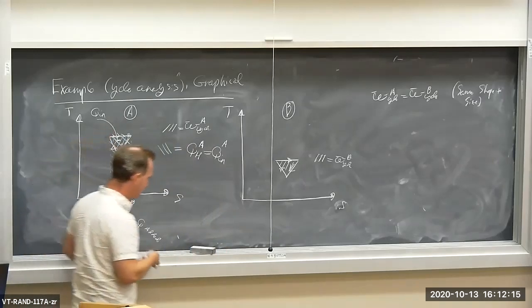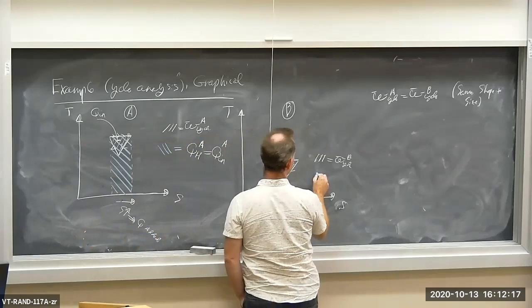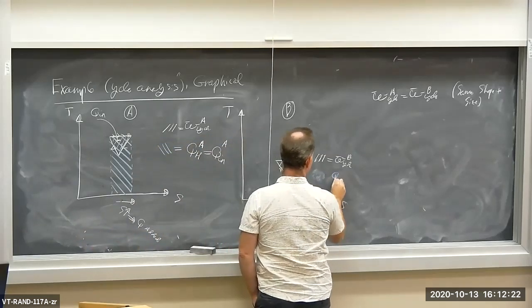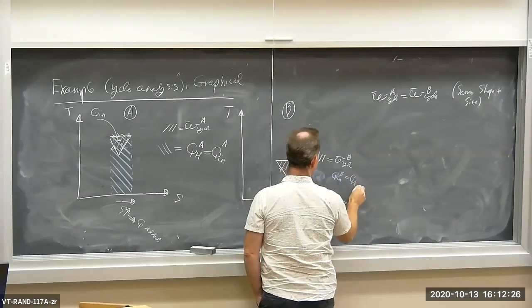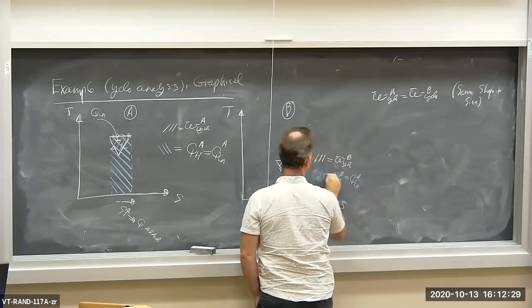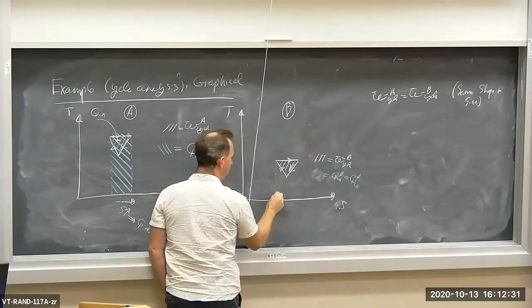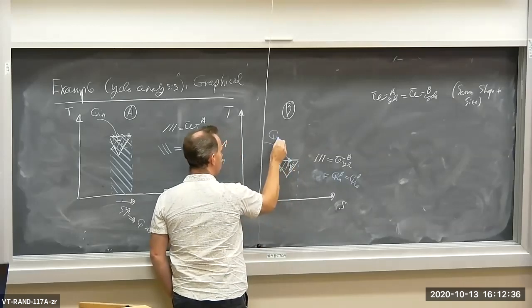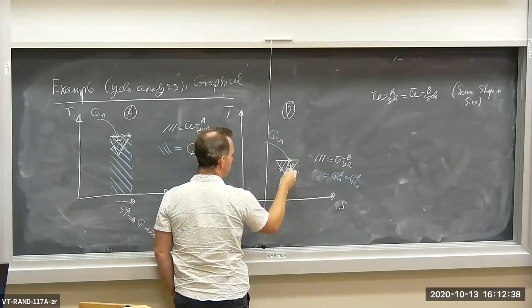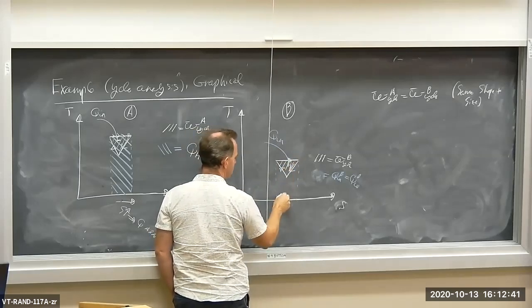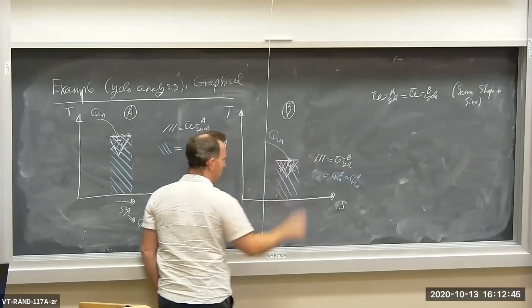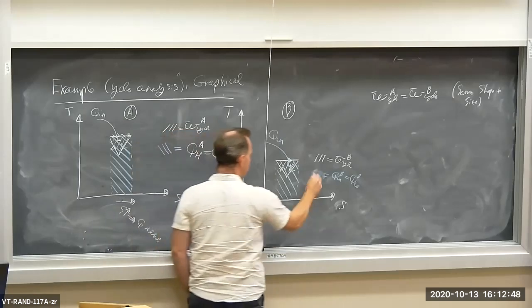How about this one? The heat addition, Q in B, if you like, that's Q high B. That's represented by this area. So the heat is being added on the top portion of the cycle. The cycle is going in the clockwise direction. So that's where the heat is being added, okay?